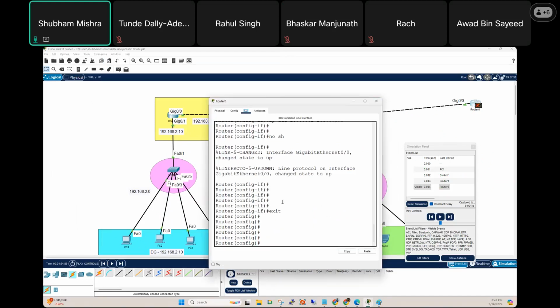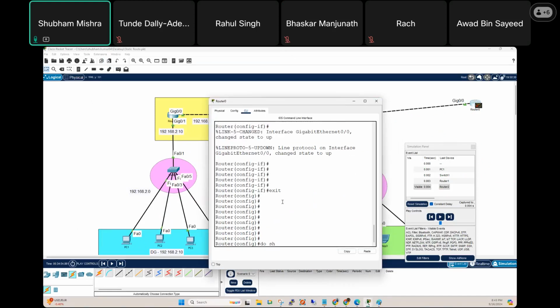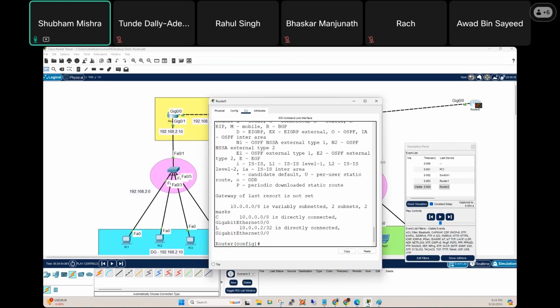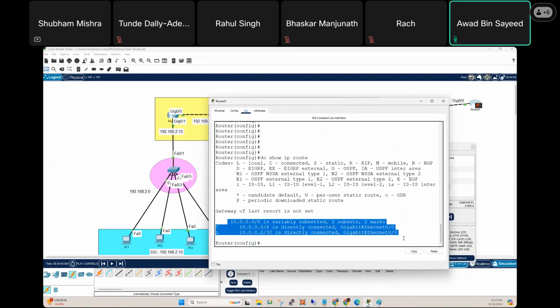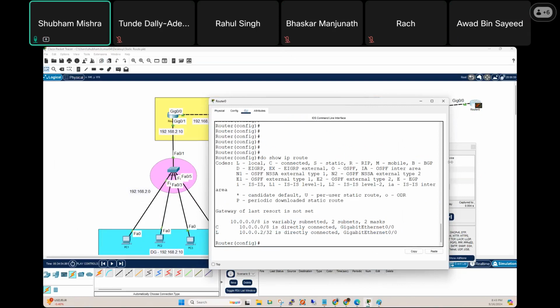See now, when you check show ip route, is there any network information related to 192.168.2.0? No. There is no route, and neither is there a default route. So then how will this router take the forwarding decision? This is not possible.